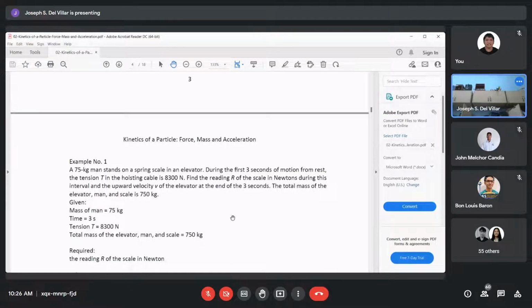Natural, magre-read tayo kung merong nakalagay sa scale, di ba? Halimbawa, may nilagay tayong certain weight, we want to know the reading. Eh sino yung nasa scale na nandun? Yung tao, di ba? From the first sentence, a 75 kilogram man stands on a spring scale. Okay? So, yung reading ng scale pertains to the man.